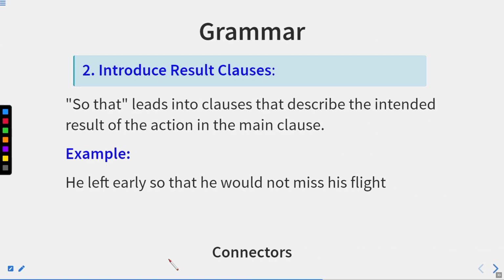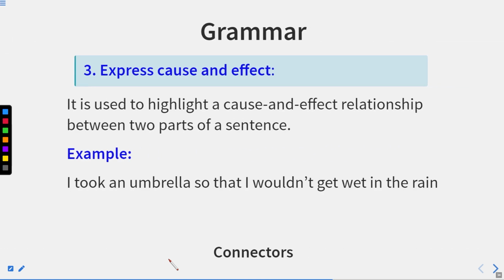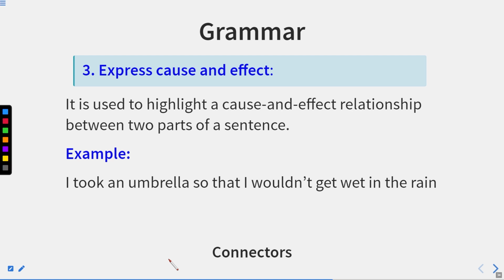Introduce result clause. So that leads into clauses that describe the intended result of the action in the main clause. For example, he left early so that he would not miss the flight. Express cause and effect. It is used to highlight a cause and effect relationship between two parts of a sentence.